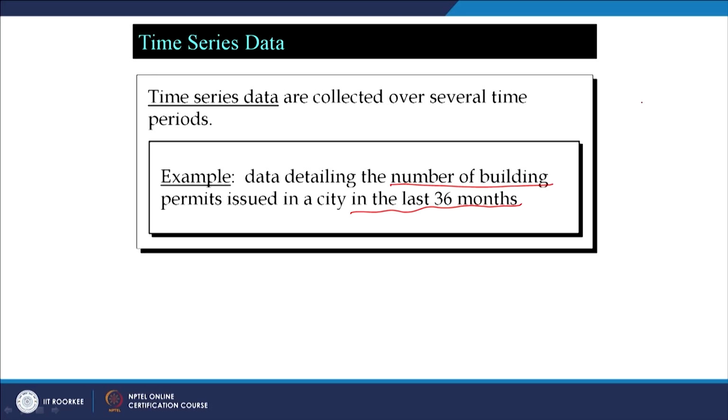So, you will have 36 data points, right. So, this is time series data. We can say that time series data are like a video, or film, of some situation, while cross sectional data is just a picture, right. There are different sources.